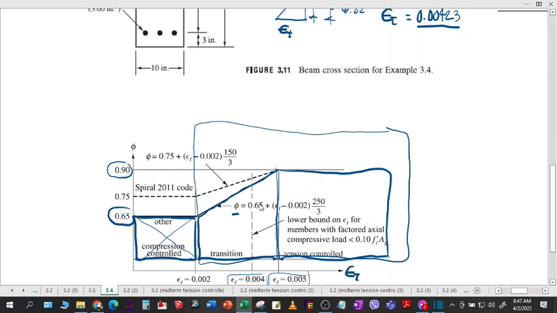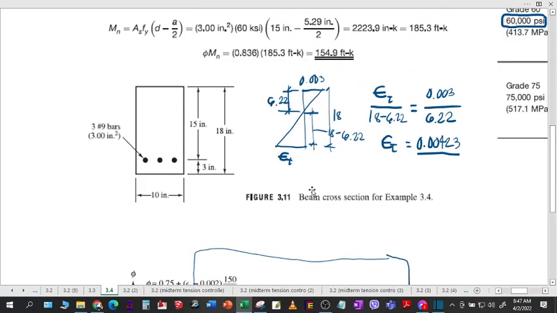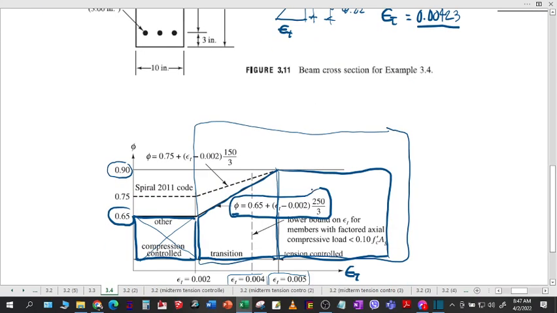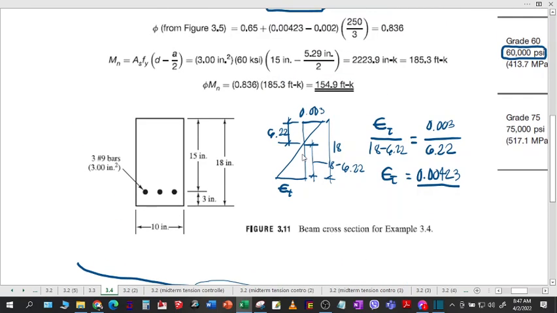Since it is in the transition zone, we have to use ratio and proportion, or we can simply calculate using this formula. Okay? So we will use this formula. And then we just have to transfer it here. So you can trace it where it's coming from.